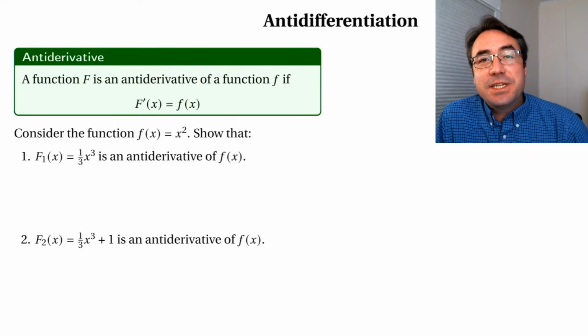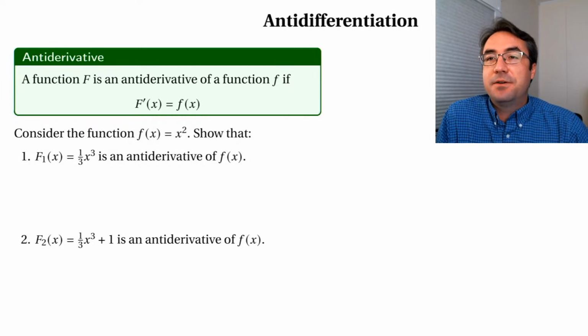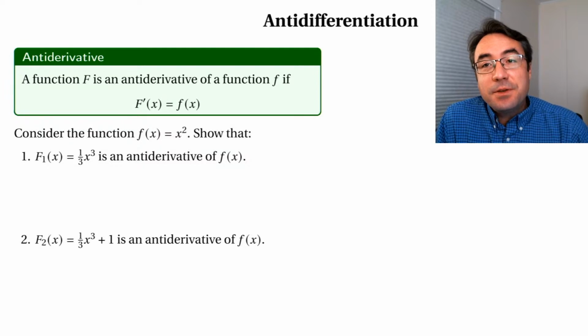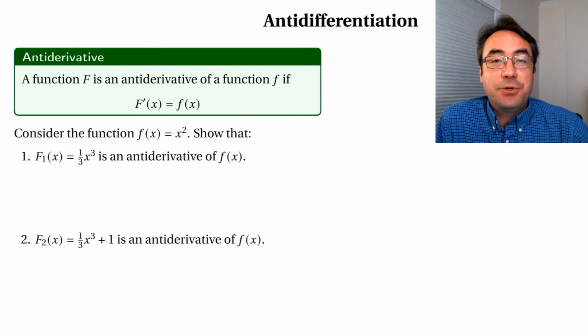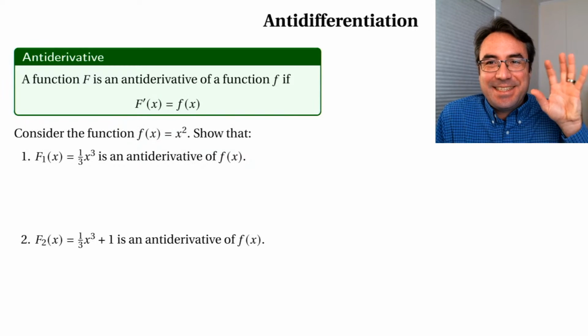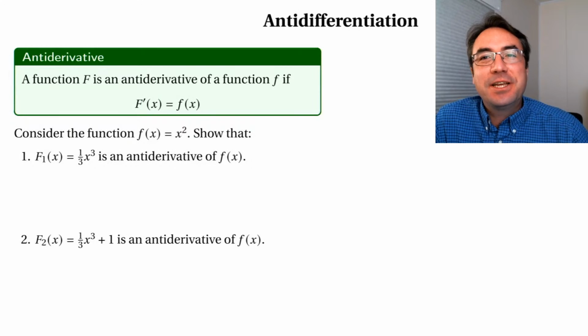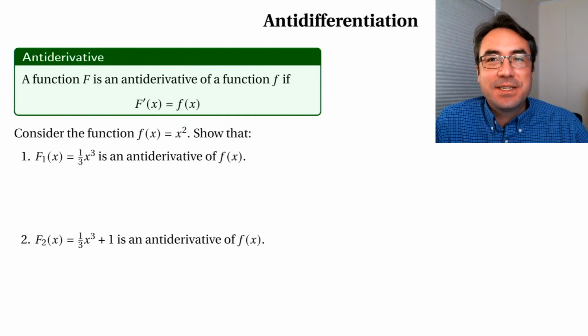We say a function capital F is an antiderivative of function little f if the derivative of capital F is equal to little f. It seems like a simple definition, but there's a lot of function notation going on, so it's better to consider this with an example.